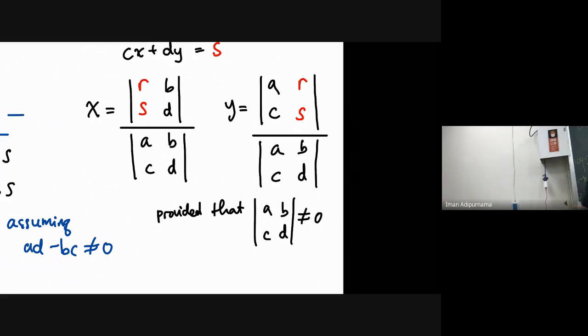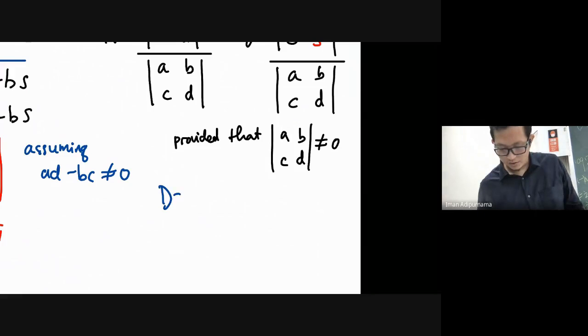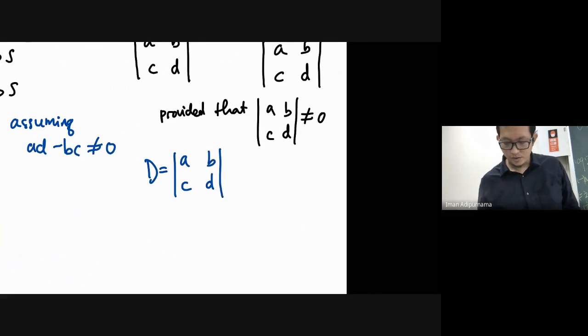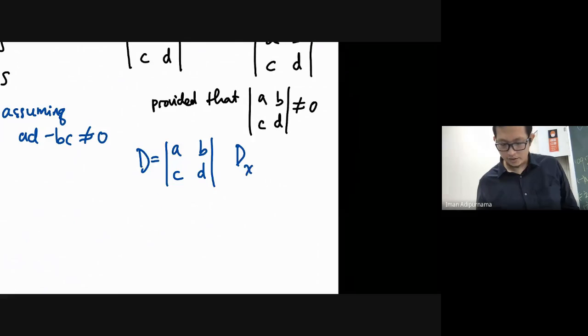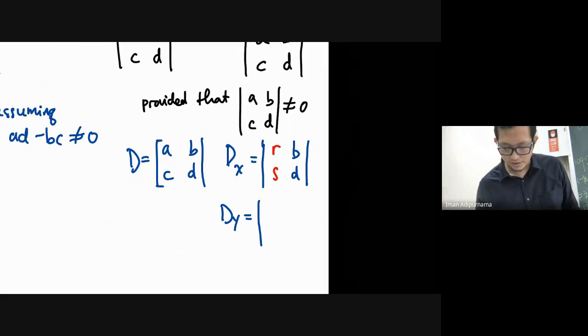We write the determinant D as a, b, c, d, and the D x is r, s, and b, d, and D y is, or let's say this is the matrix first.